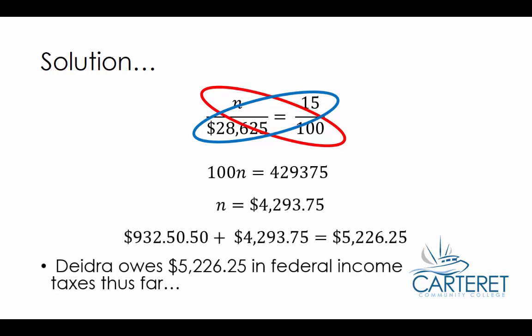Adding that to the previous taxed amount, Deidre owes $5,226.25 in federal income taxes thus far.